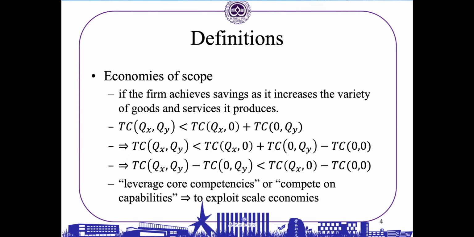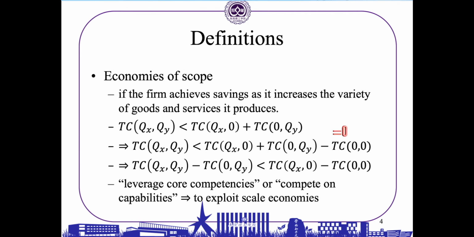The formula can be interpreted as: to produce Qx of X and Qy of Y, it is cheaper to produce them in one firm rather than produce Qx of X in one firm and Qy of Y in another. It can be rearranged to show another interpretation. Suppose the cost of producing nothing is 0, which is TC(0, 0) = 0.